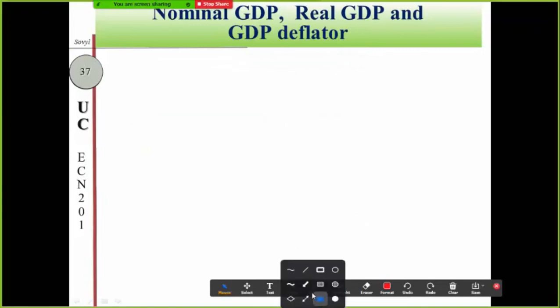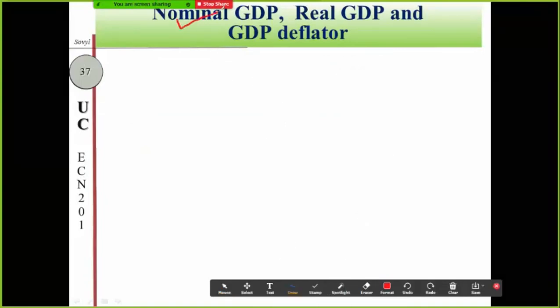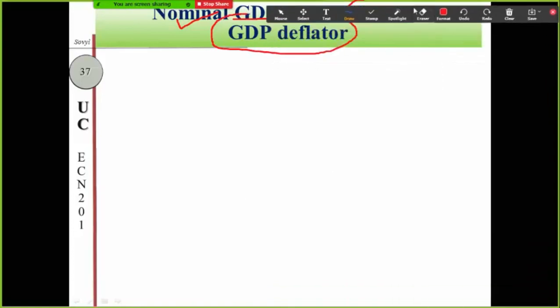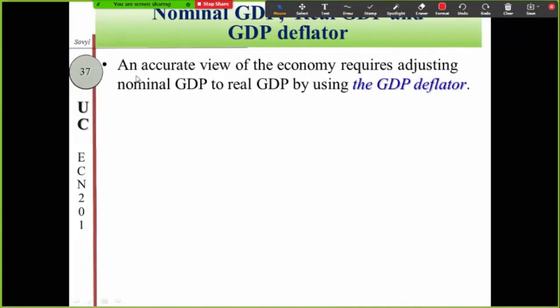Based on this, nominal GDP we just studied, and real GDP we have already finished studying. Now we go to GDP deflator. An accurate view and accurate picture of one country's economy requires adjusting nominal GDP to real GDP by using the GDP deflator.